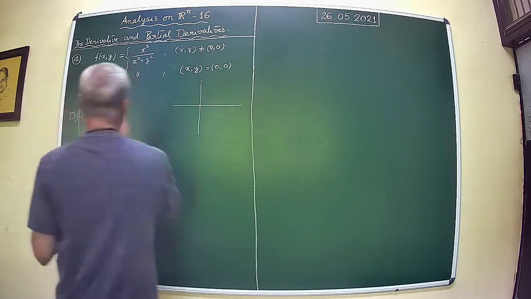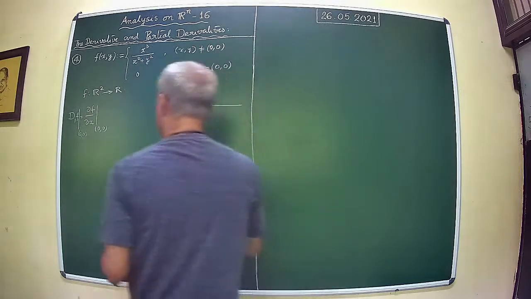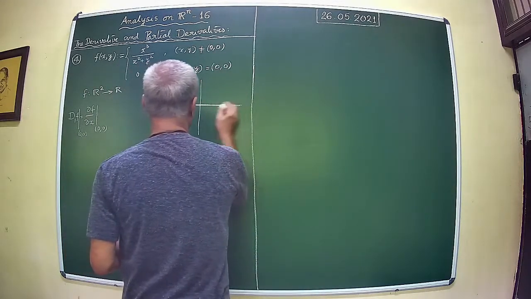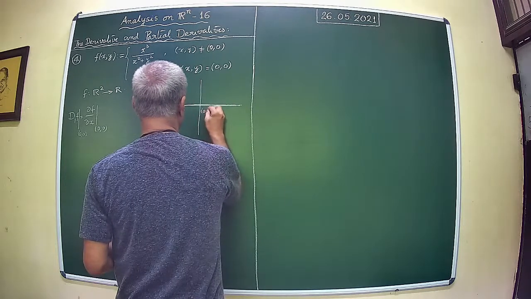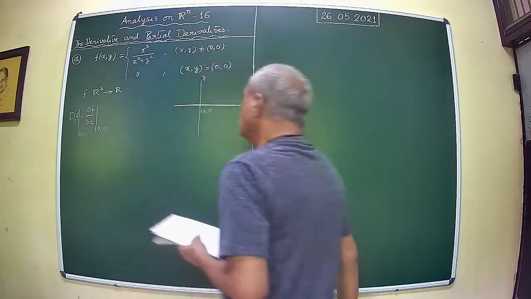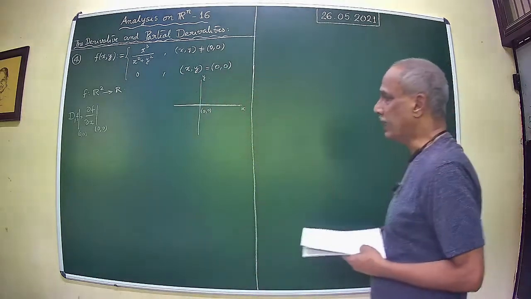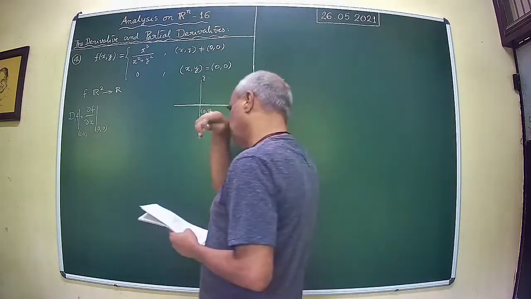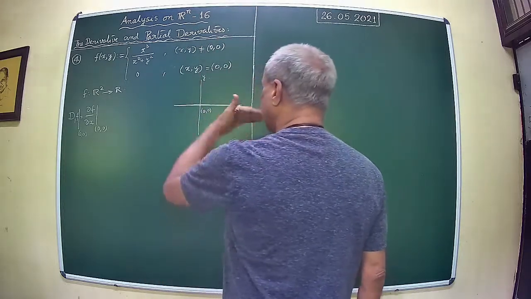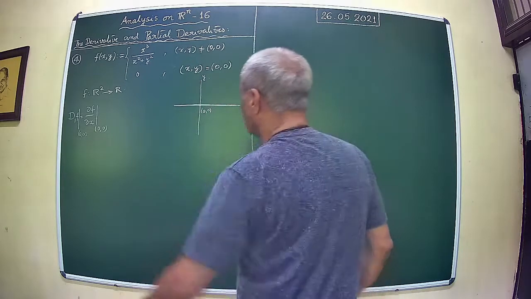So if you look at this function, we are working along this line. This is the point (0, 0), this is the x-axis, the y-axis. So the variation is considered only along the x-axis, and on this line we take y equal to 0.